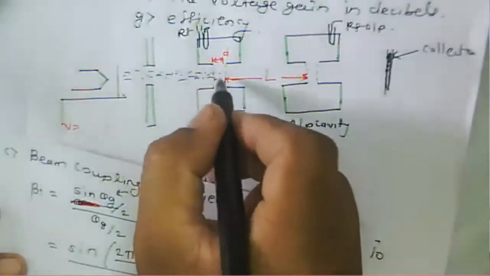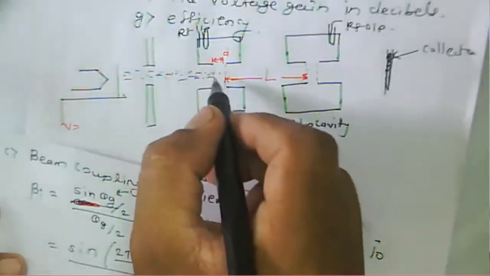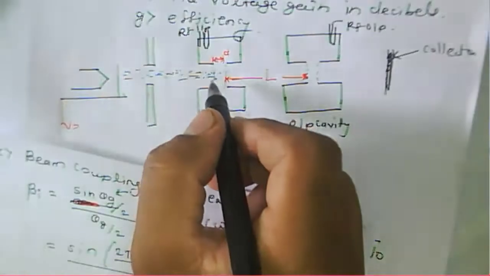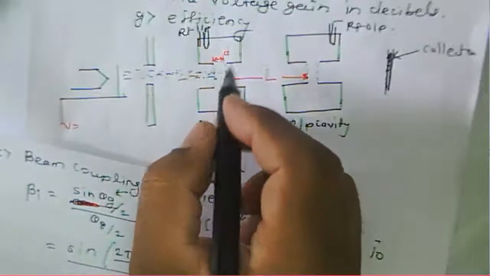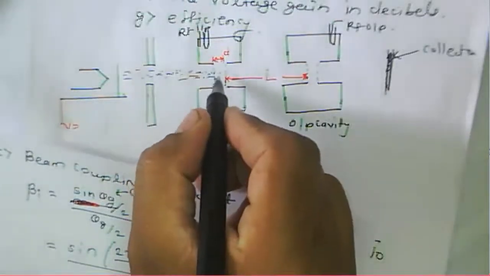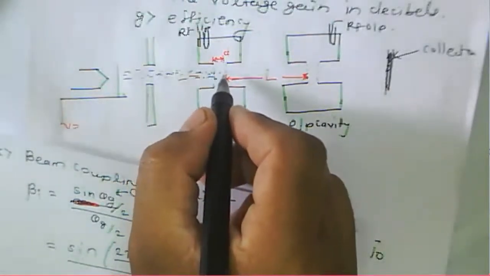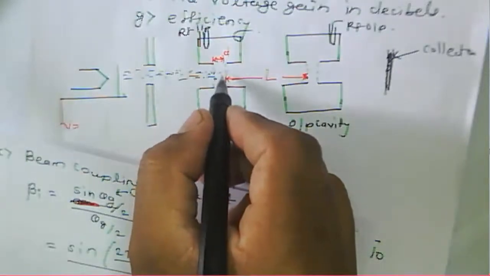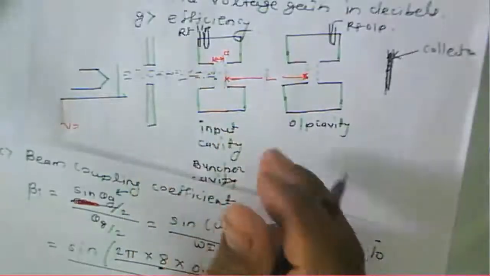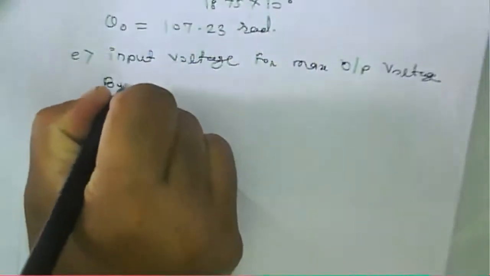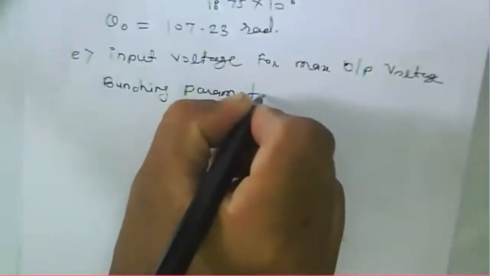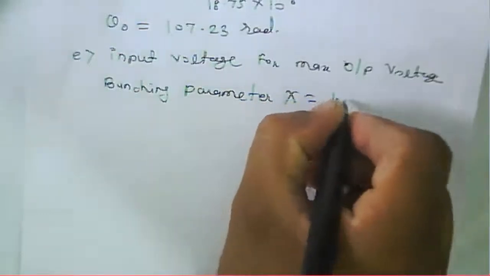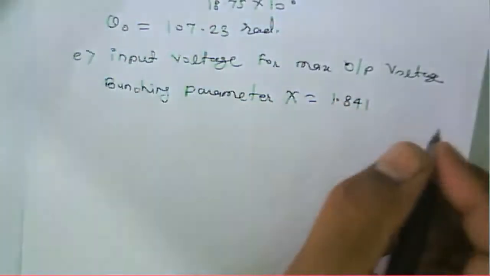Bunching takes place at this buncher cavity or input cavity. So now at what value? For the maximum output voltage, we should get that bunching parameter. The bunching parameter x is equal to 1.841.